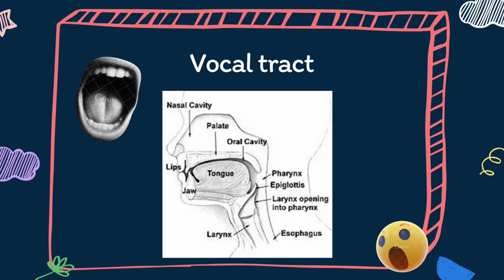This system allows the diverse range of sounds in English, each requiring precise coordination of these anatomical elements. So everything that we have is very important for us to produce a sound and actually words that can be understood in English, and not only in English but in any type of language.